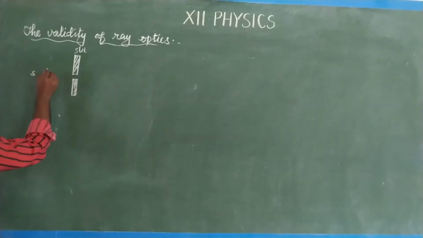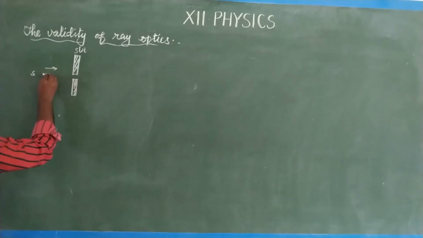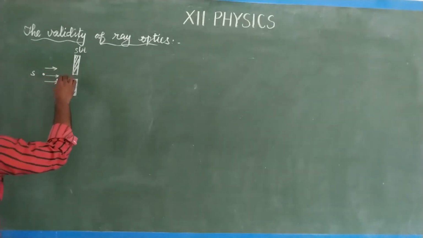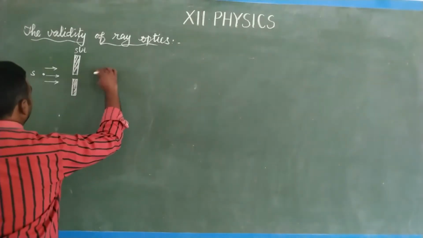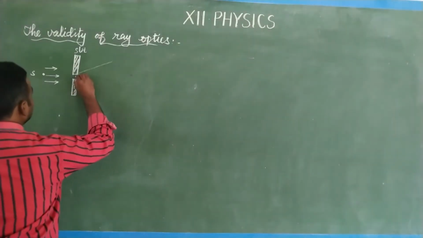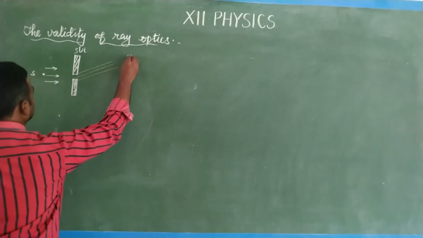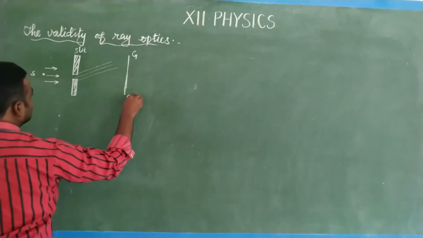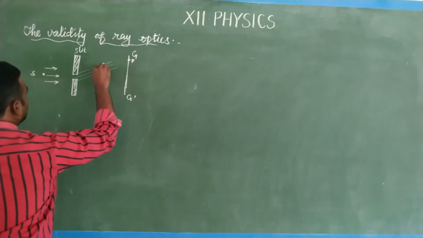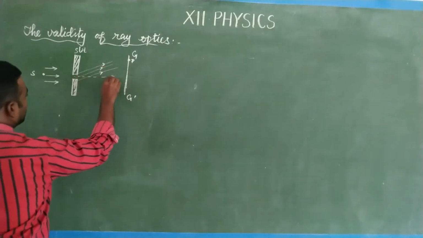From the monochromatic source, parallel rays are incident. After incidence, secondary waves originate from the slit. Then the diffraction phenomenon is observed on a screen which is located far away from it.